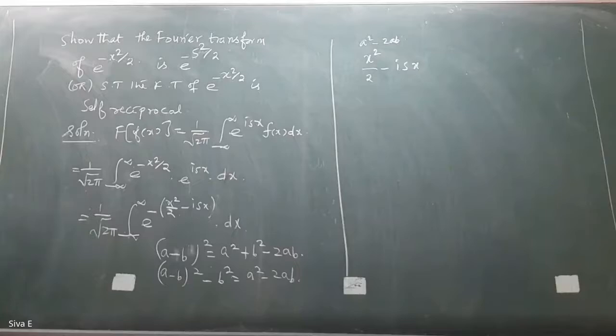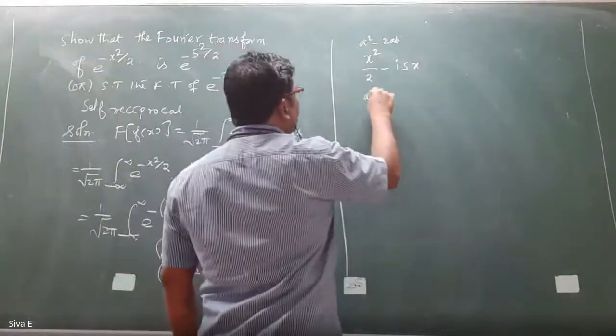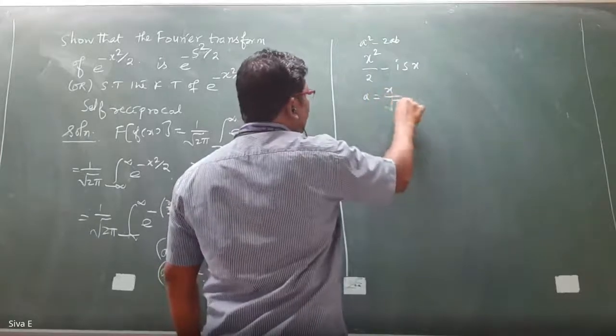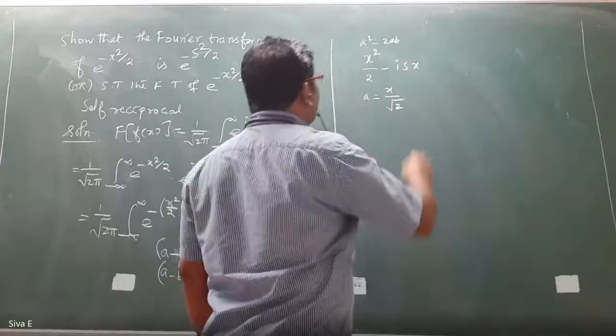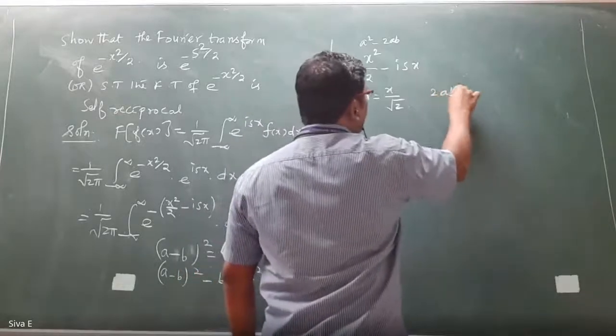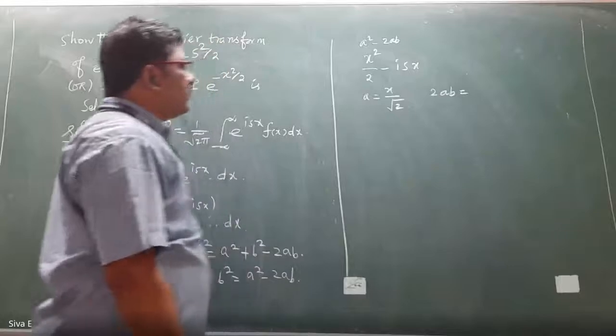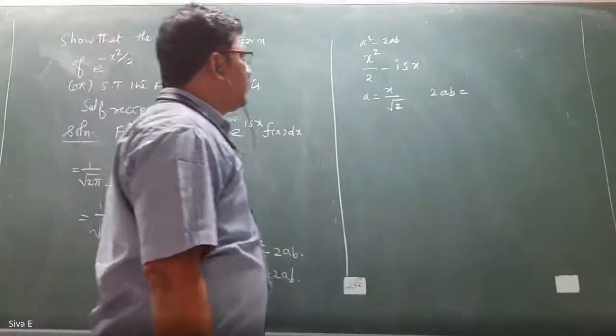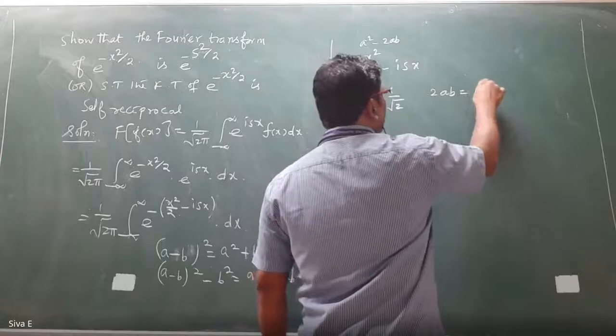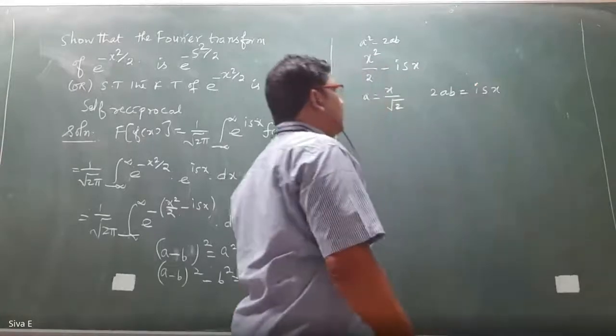Yes, sir. Okay. What is x square by 2? It is a square. What is a here? x by root 2. So a is x by root 2. Fine. What is 2ab here? Quick response. 2ab is isx.